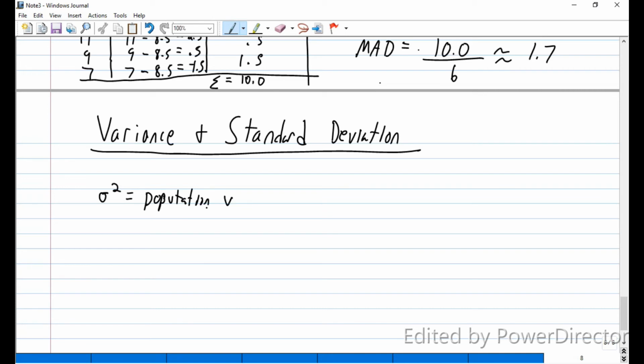Now I'm going to go over the symbols before I go over the actual formulas. All right. The sample variance is S squared.